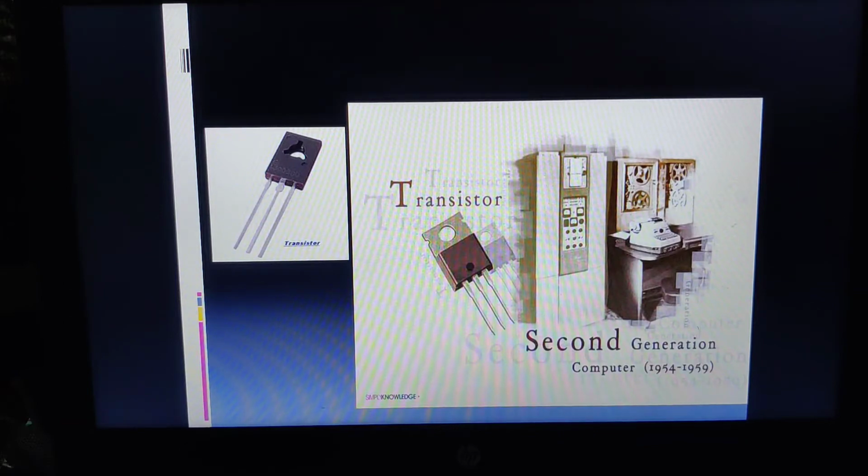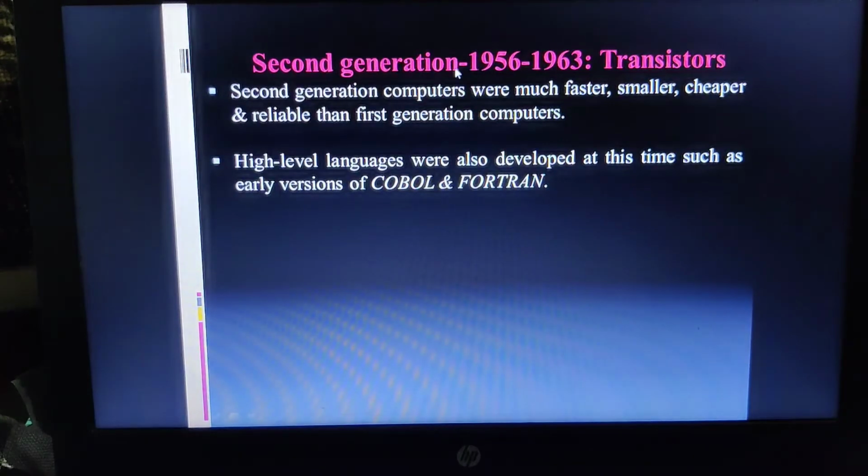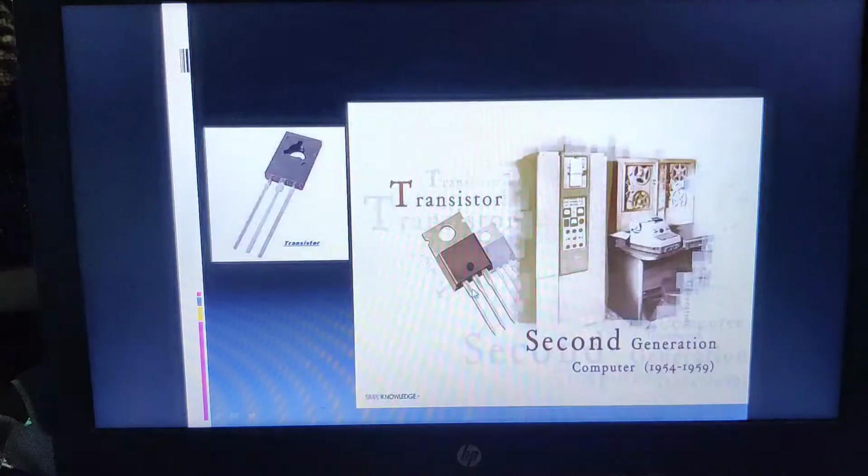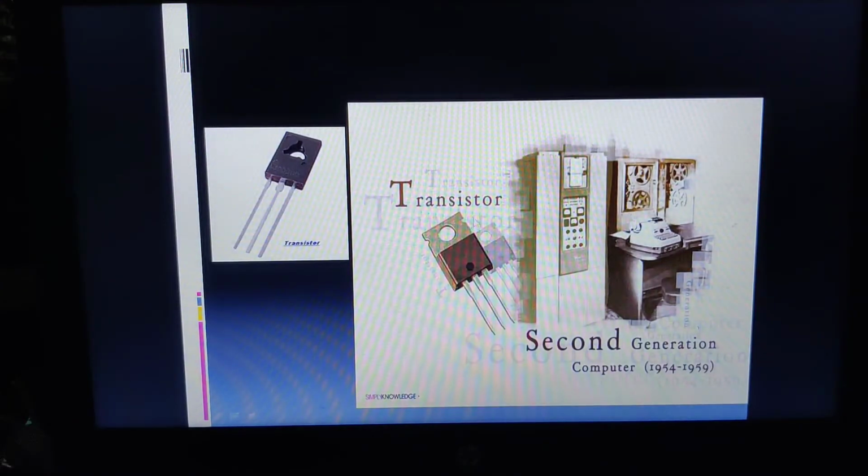The second generation computers had come into existence between the years 1956 to 1963. They were using transistors, whereas the first generation computers were using vacuum tubes.